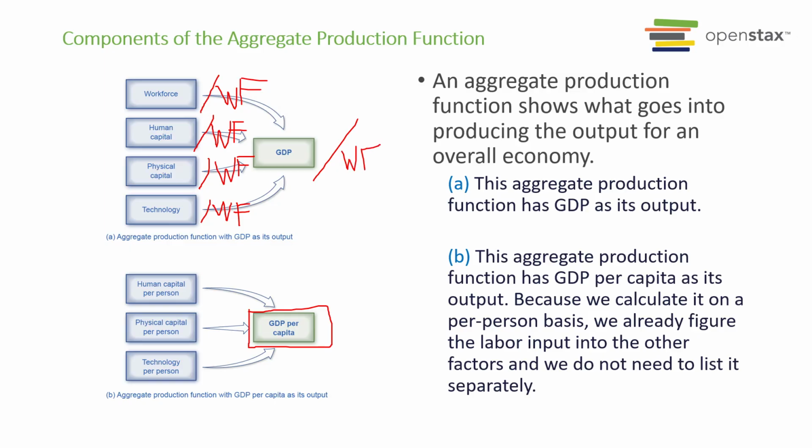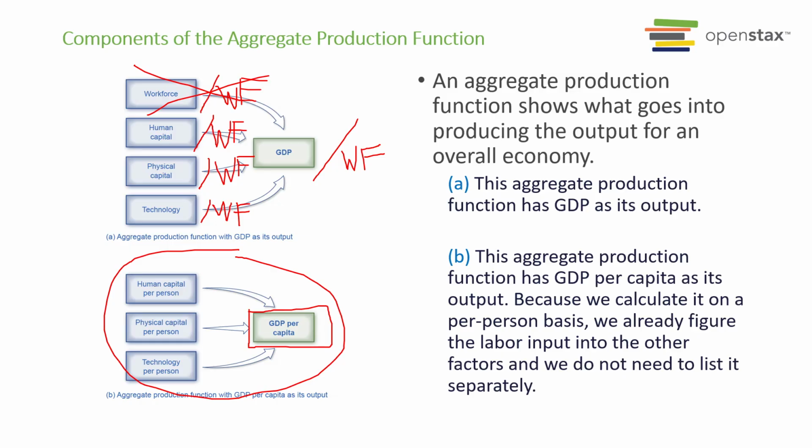And assuming the population and the workforce are the same, this is the result right here. You can see it's human capital per person. We have physical capital per person, and technology per person. And that gives us GDP per person, or GDP per capita. All right. Workforce divided by the workforce, this kind of cancels itself out. It's equal to 1. So in a production function, that just falls out. And we get what we want.